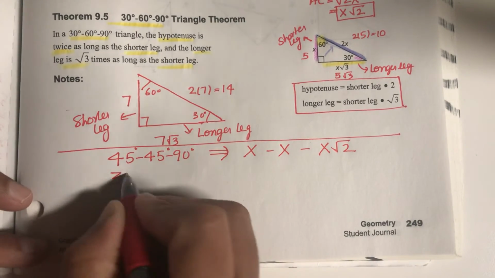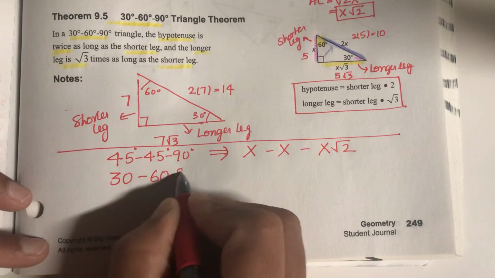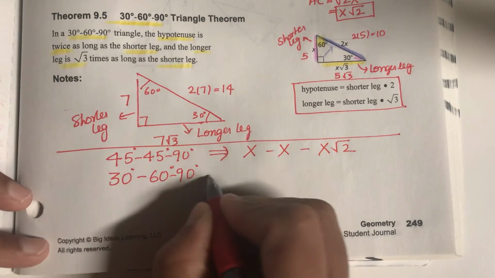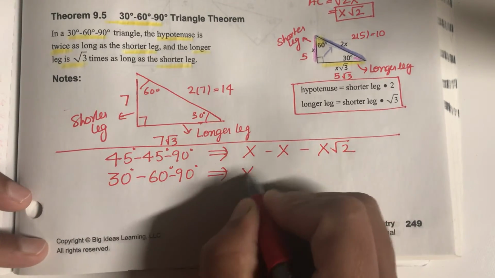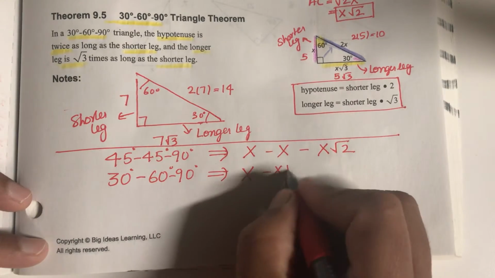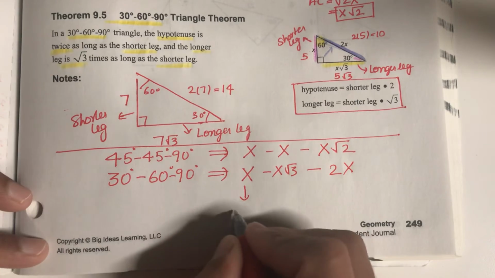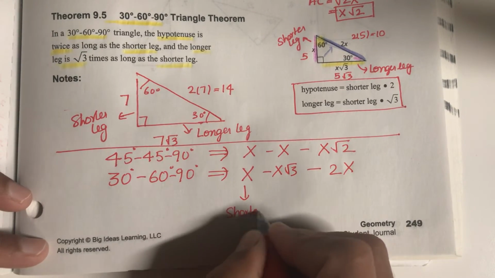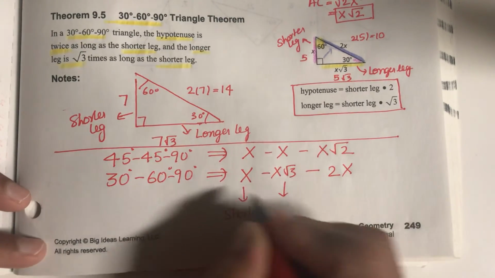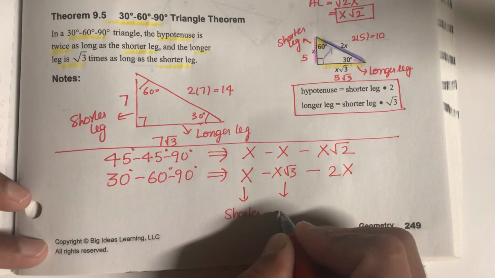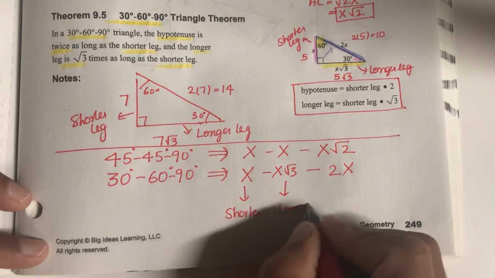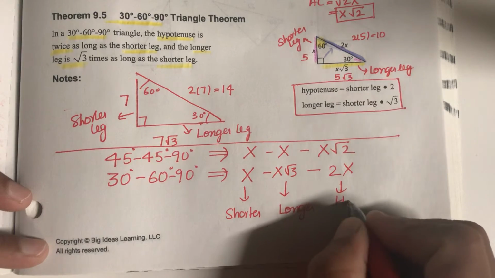If it is a 30, 60, 90 degree triangle, then remember the expression x, x root 3, and 2x. Keep in mind, x is the shorter leg. It's just in increasing order, from least to greatest: shorter, longer, and then the hypotenuse.